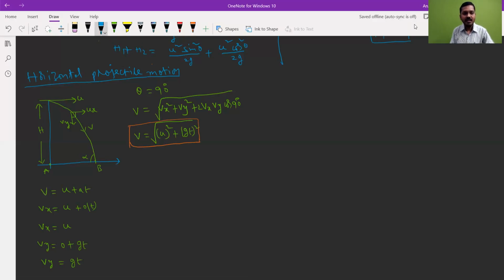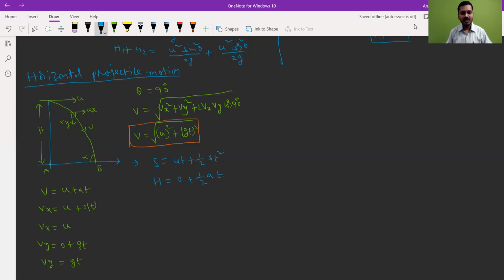Next, in this same horizontal projectile motion, how much time is taken by the projectile body to reach the ground level from the top of the tower? From the equation s is equal to ut plus half a t square, the body is projected horizontally from height h. So therefore, in place of s I am taking h is equal to the velocity along the y direction 0, 0 into t, 0, plus half into a into this time.